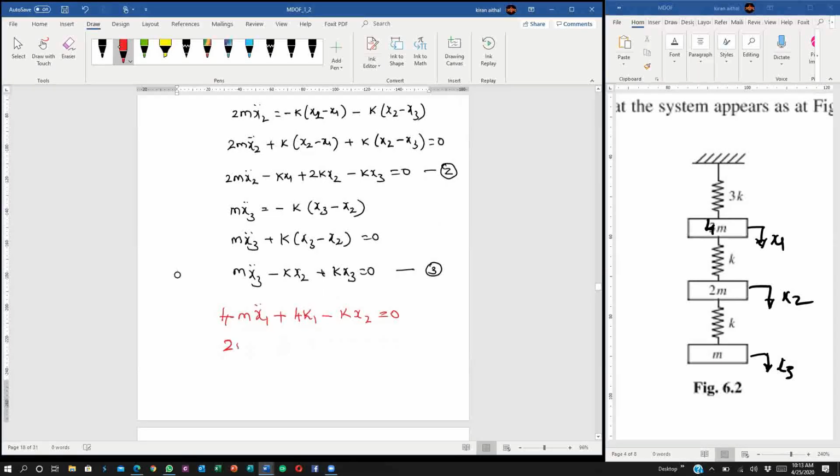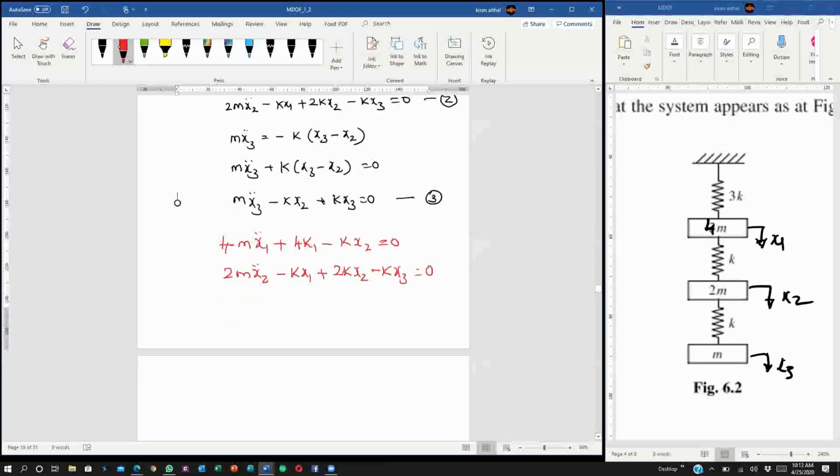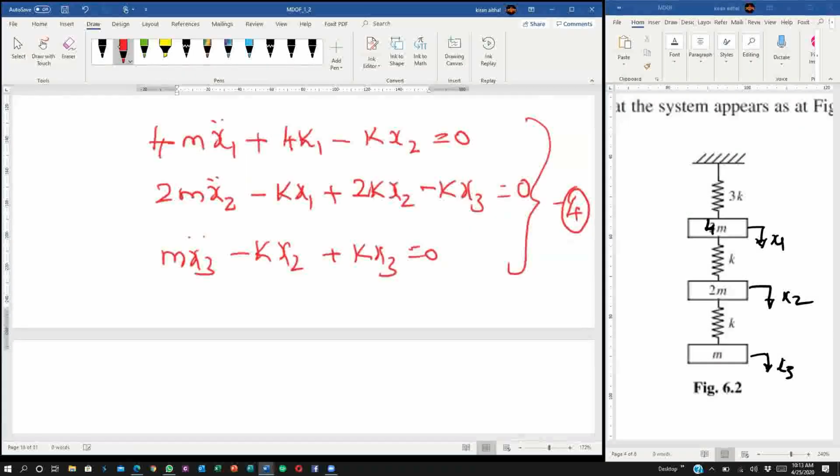Then 2m x2 double dot minus k x1 plus 2k x2 minus k x3 is equal to 0. And lastly, what I have got here, m x3 double dot minus k x2 plus k x3 is equal to 0. This is my equation number 4.